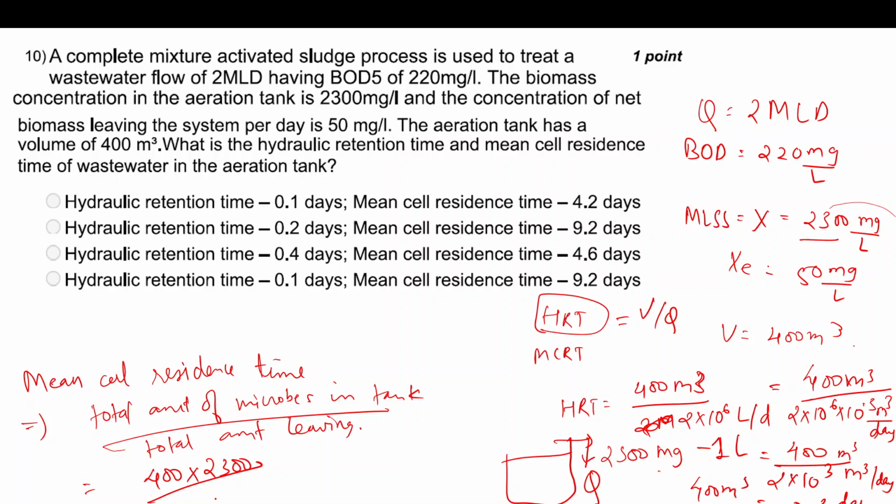So if you find the rate at which biomass is exiting, it is nothing but 2000 meter cube per day into 50 milligram per liter of biomass exiting from the reactor or from the process. I hope it is clear.